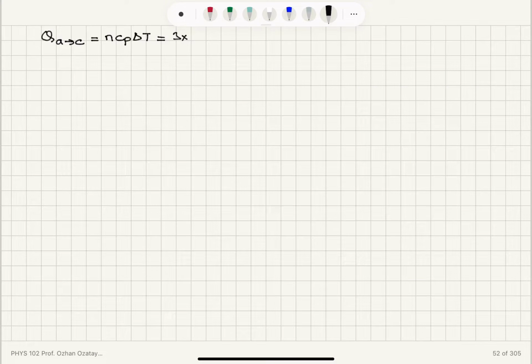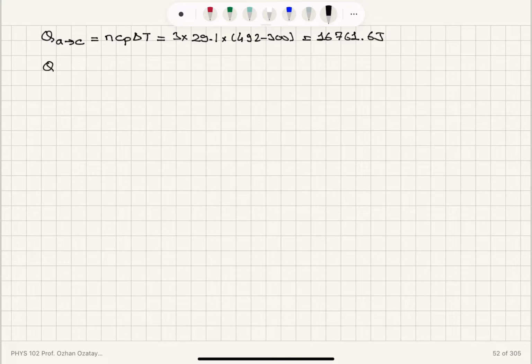So it's 29.1 multiplied with the temperature difference, 492 minus 300. This is 16,761.6 joules. That's what I find.